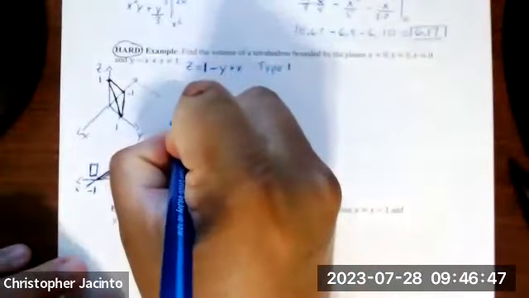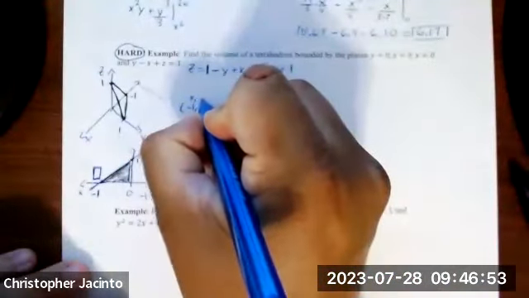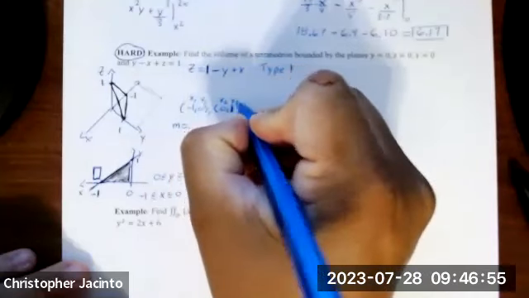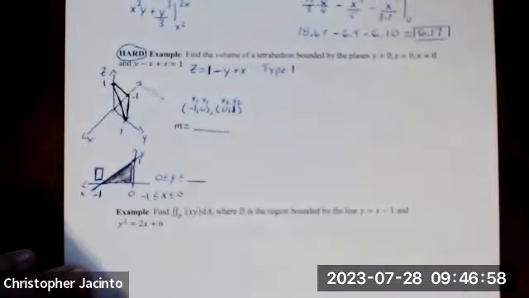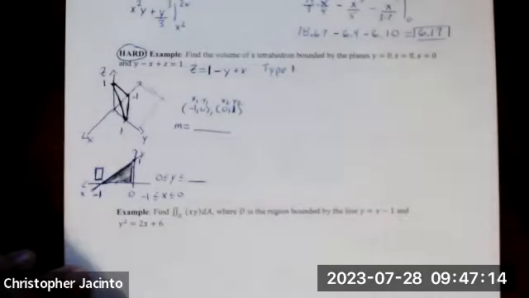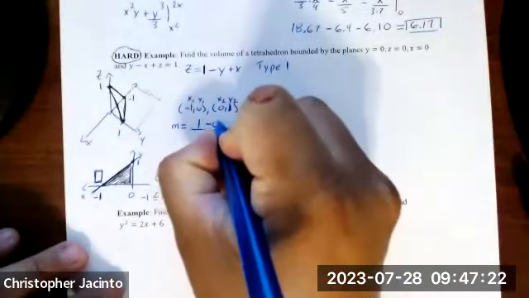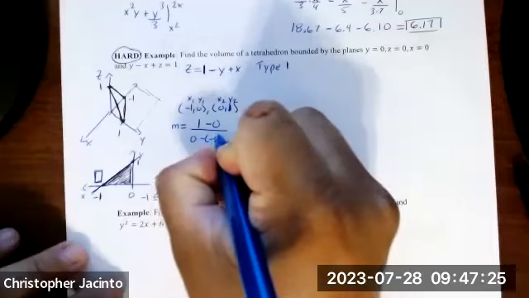So slope, x1, y1, x2, y2: y minus 0 over 0 minus -1.